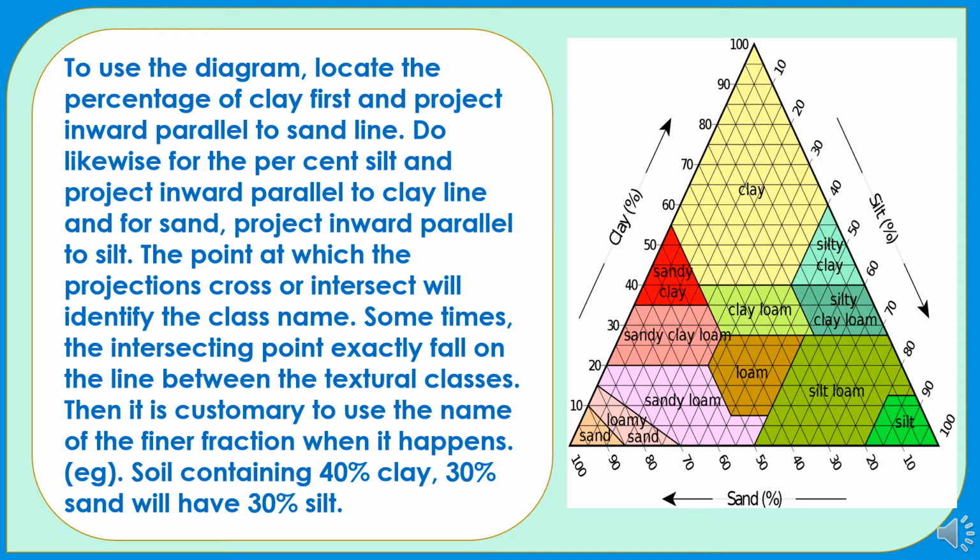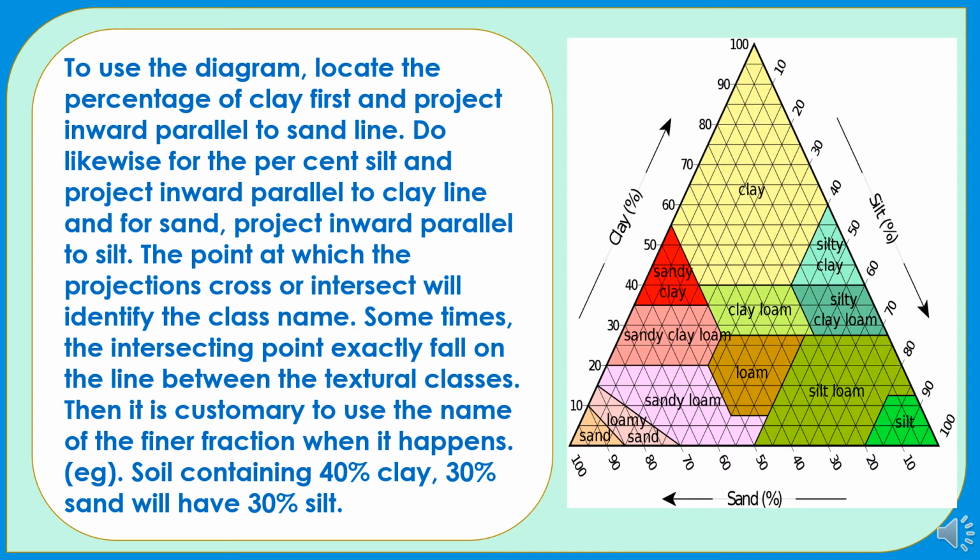To use the diagram, we first locate the percentage of clay and project inward parallel to the sand line. Do likewise for the percent silt, projecting inward parallel to the clay line, and for sand, project inward parallel to the silt line. The point at which the projections intersect identifies the class name.